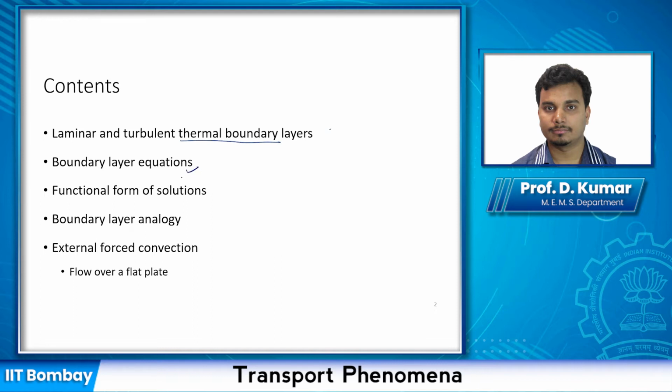We will not go into detail about how to solve these equations, but we'll do some analysis to see how these equations are related across different transport processes, like momentum transport, thermal transport or mass transport. We'll look at the functional form of solutions, similar to what we did with friction factor, and then we'll talk about boundary layer analogy, and finally we'll start the example of convection by discussing external forced convection, that is flow over a flat plate.